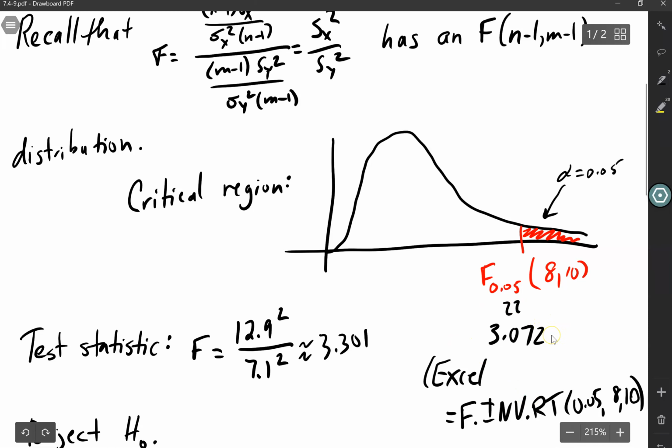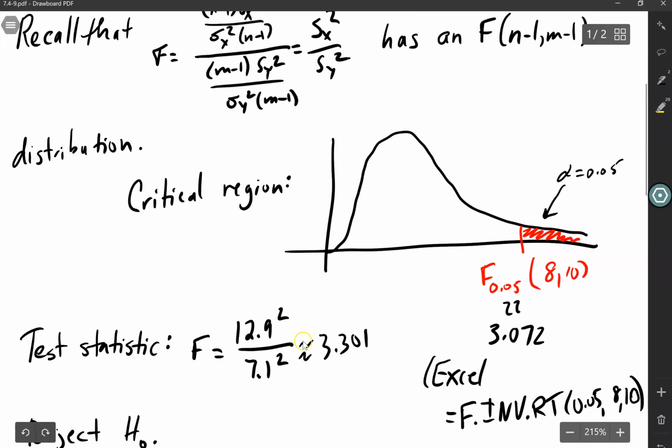Okay. All right, so what's our test statistic then? Well, this up here at the top is the random variable that has an F distribution. So I can calculate my test statistic by using the information that we have from the problem. They tell us that the sample standard deviation is 12.9 for X. The sample standard deviation for Y is 7.1, pardon me.